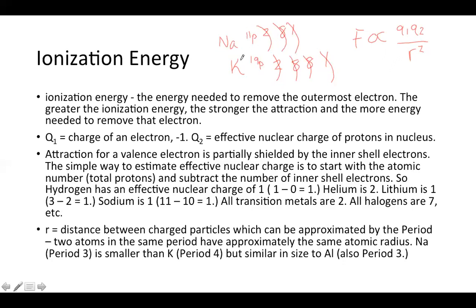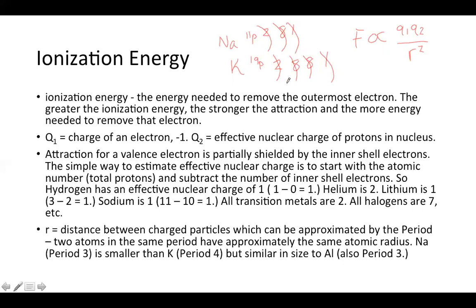Since potassium has a greater distance from nucleus to valence electron than sodium does, increasing this denominator term decreases that attractive force. So it tells us that potassium's nucleus's attraction to its valence electron is less than the attraction from sodium's nucleus to its valence electron.